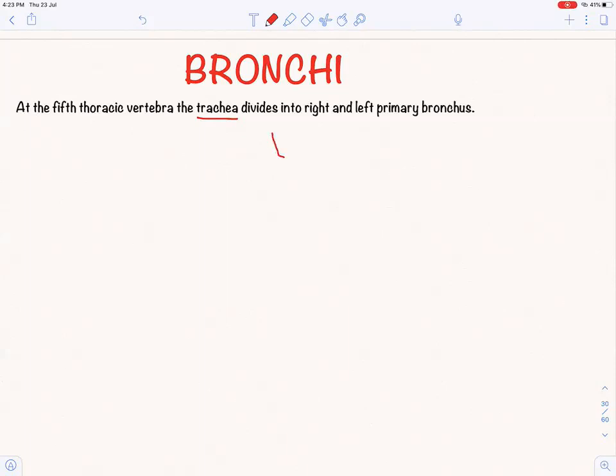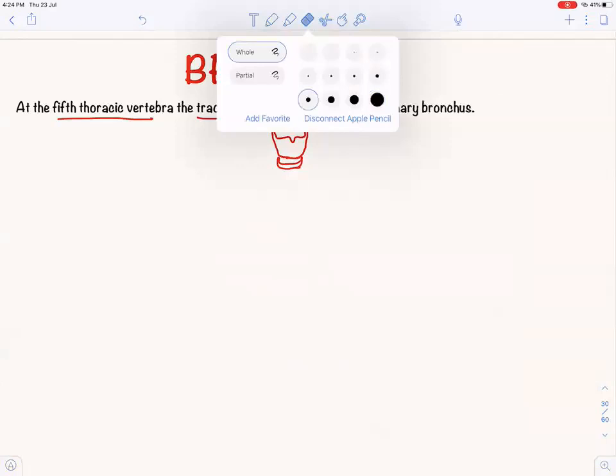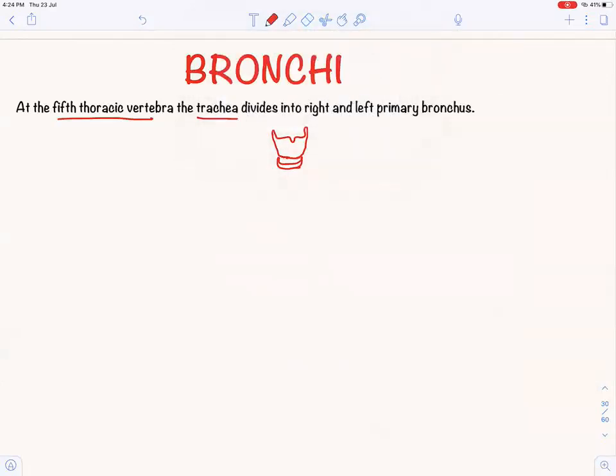So this is the thyroid structure that we see, with the cricoid cartilage. And then there is this trachea, and at the fifth thoracic vertebra, it divides into the right and left primary bronchus.